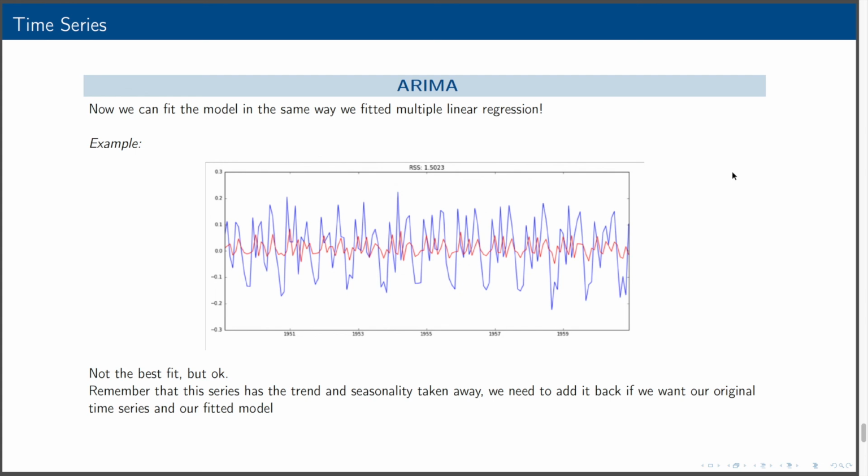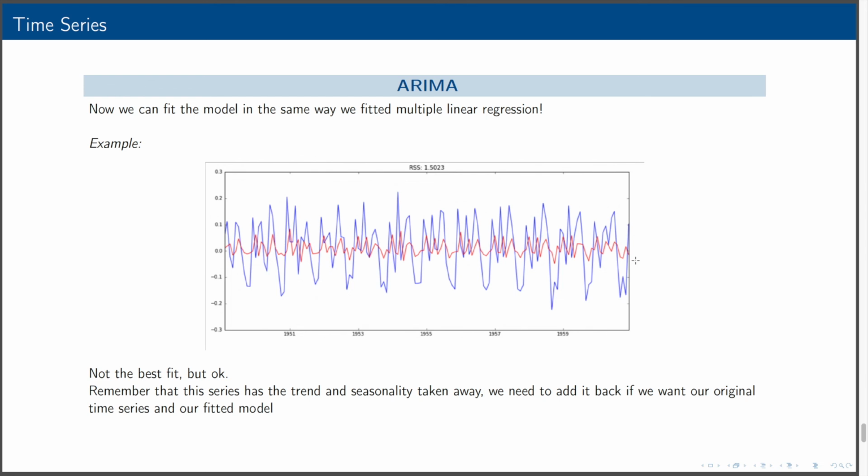Now that you selected P and Q, we can fit the model the same way we fit multiple linear regression. The blue one is the original line, the red one is the fitted one, and it doesn't look as perfect, but we don't want to overfit.